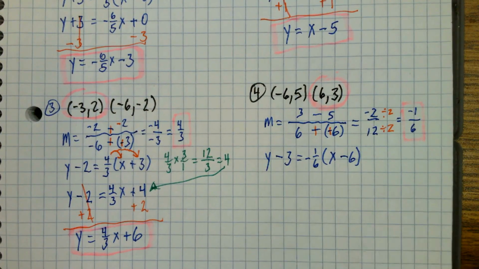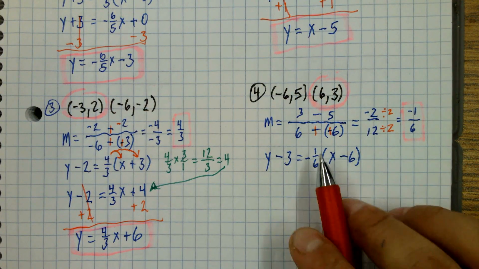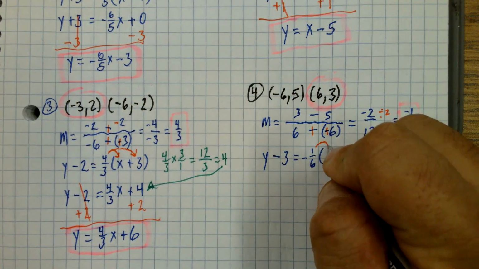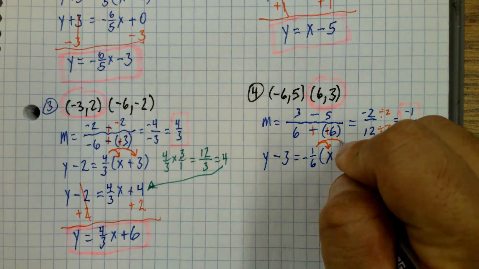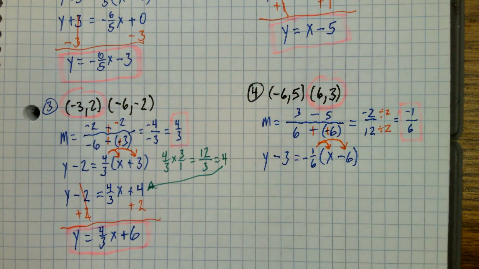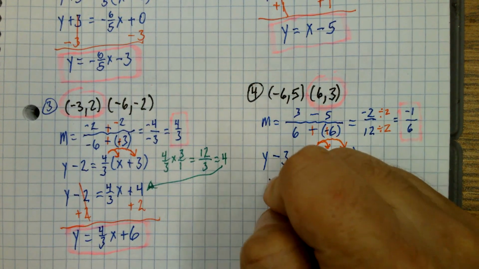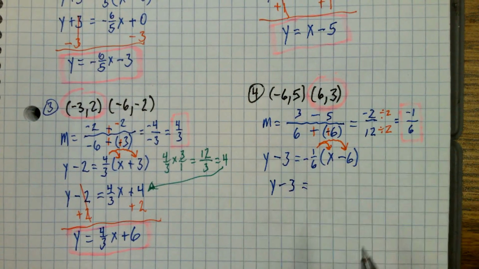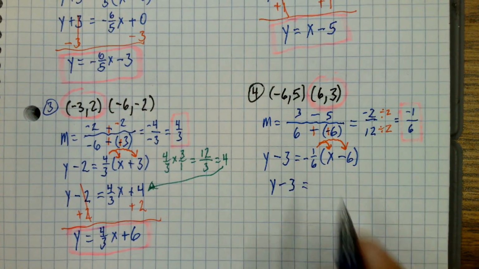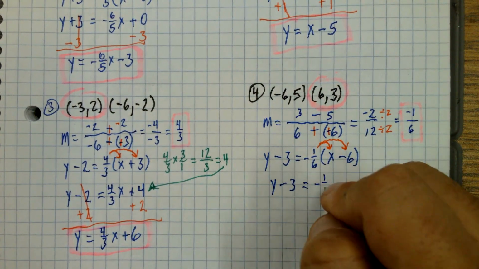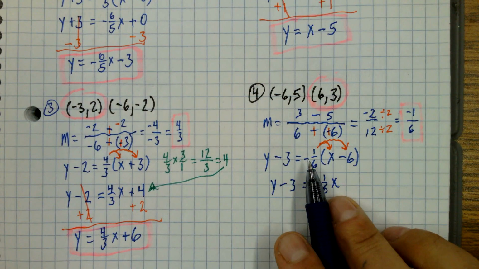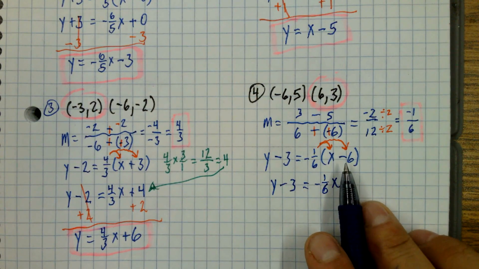Okay. We have to distribute -1/6. So we're going to multiply -1/6 with x. That's easy. -1/6 x. Then we're going to multiply -1/6 with -6.